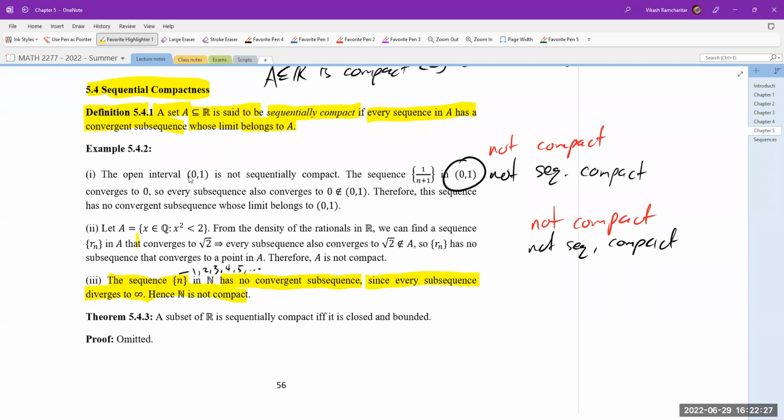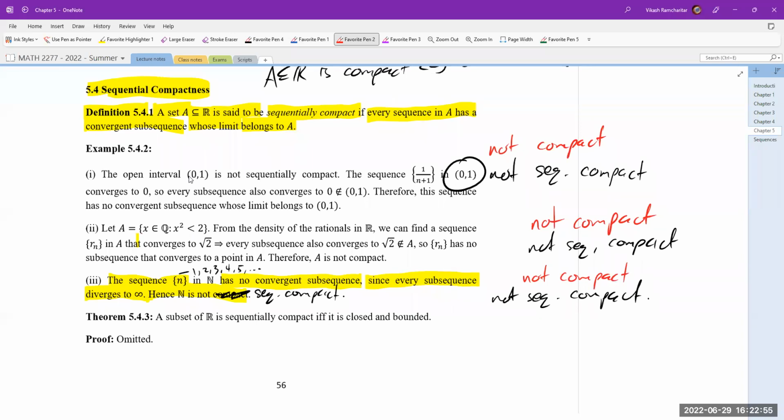So n is not sequentially compact. Is n compact? n is closed, but n is not bounded. It's not bounded above. So like Heine-Borel, n is not compact.